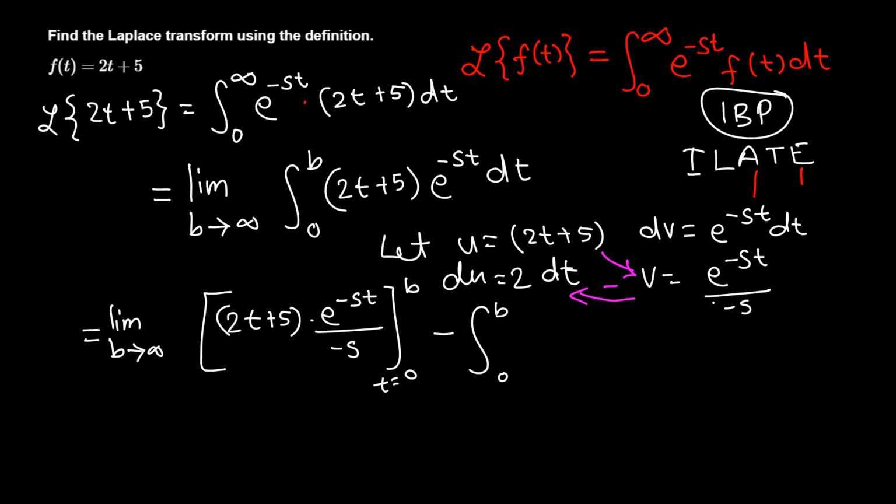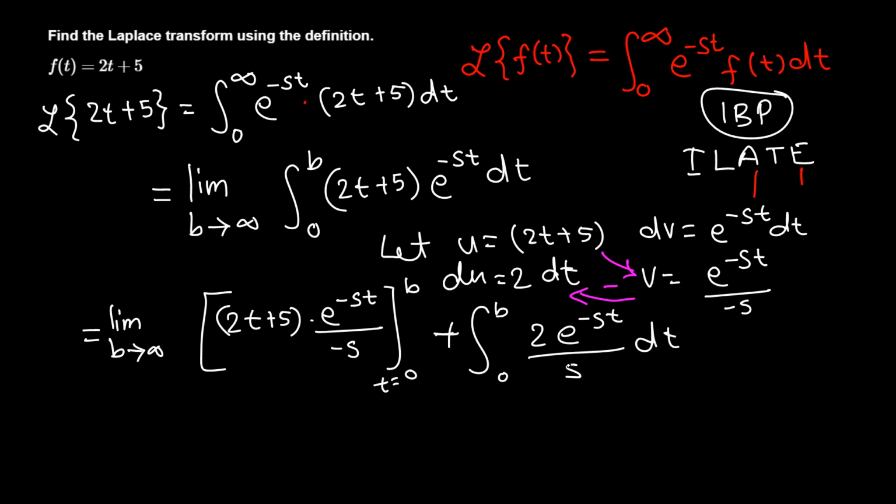We multiply these two; the negative makes this positive, and we have 2 e to the negative st all over s, dt.